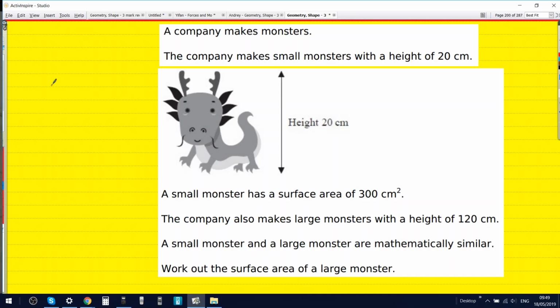So do I need to do 300 divided by 120? Mm-hmm. No, because that's different, isn't it? Yeah, it's different, sorry. So do I need to do 120 divided by 20? Yeah. Which is 6. And do I need to do 6 squared times 300?